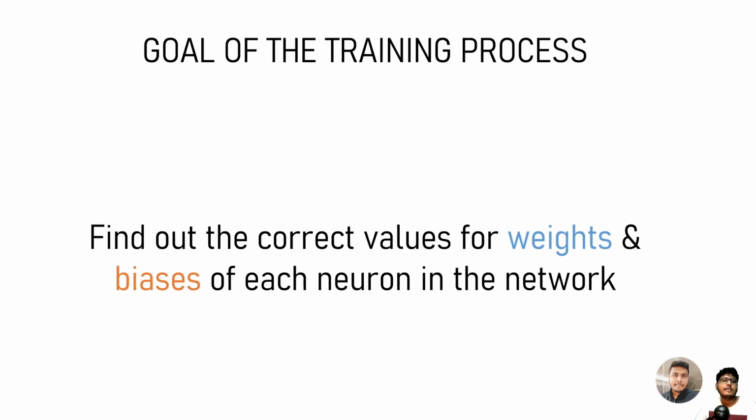So again, what is the goal of the entire training process? This is the most important part here. The goal is to find the correct values of weights and biases for each neuron. You have weights associated to the different edges and biases associated to different neurons. The entire goal of training the neural network is finding correct values of weights and biases.